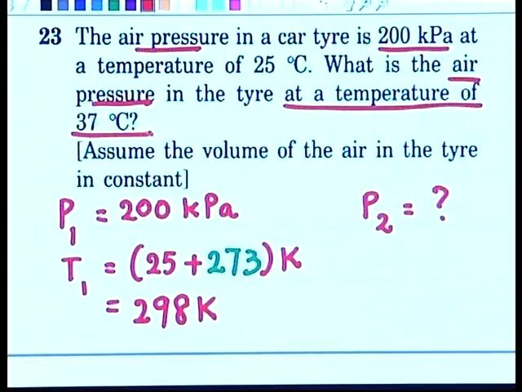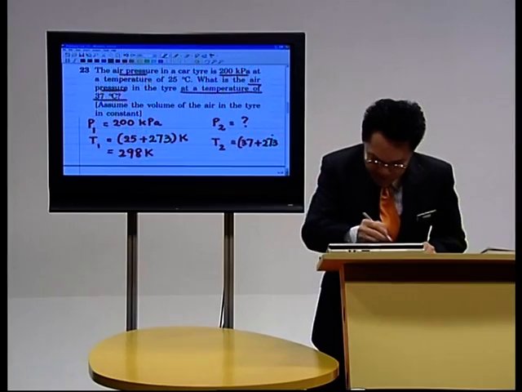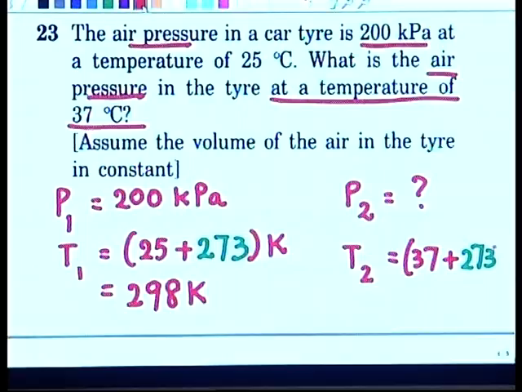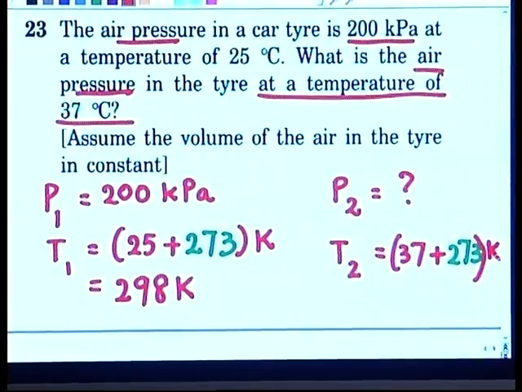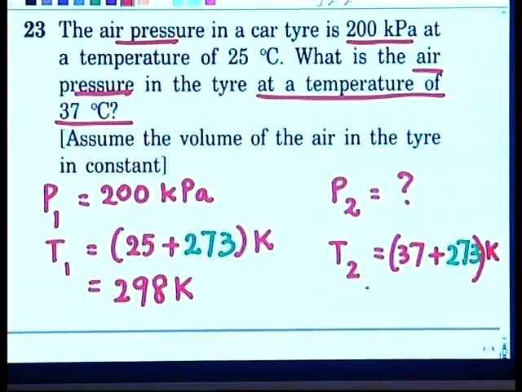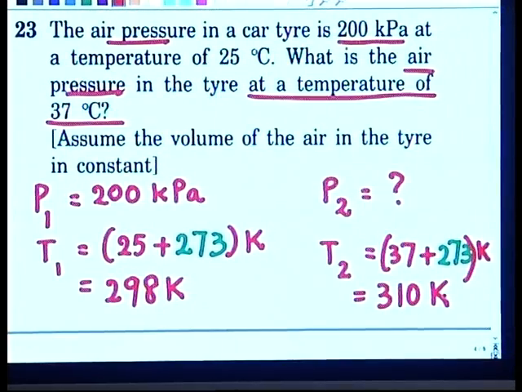So, the second absolute temperature is 37 plus, again use a different color, 273, and this is in Kelvin. So what is 37 plus 273? It is 310 units in Kelvin.